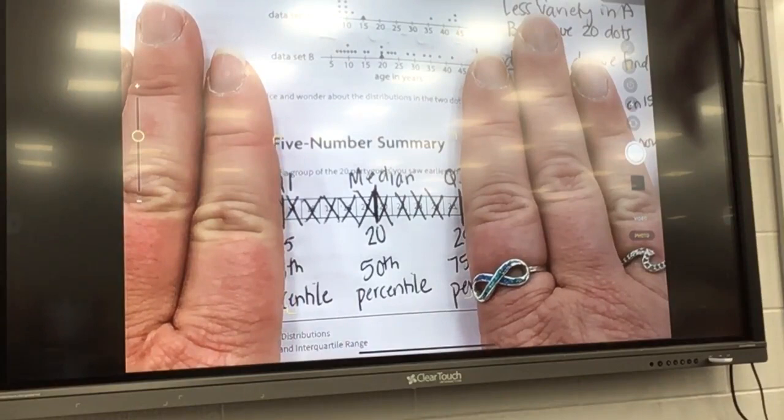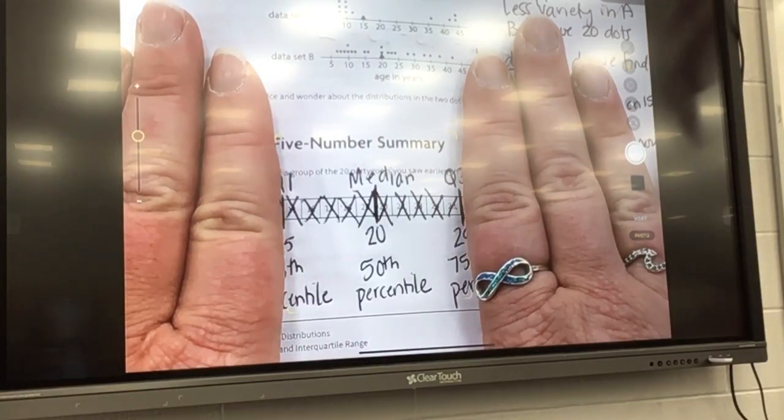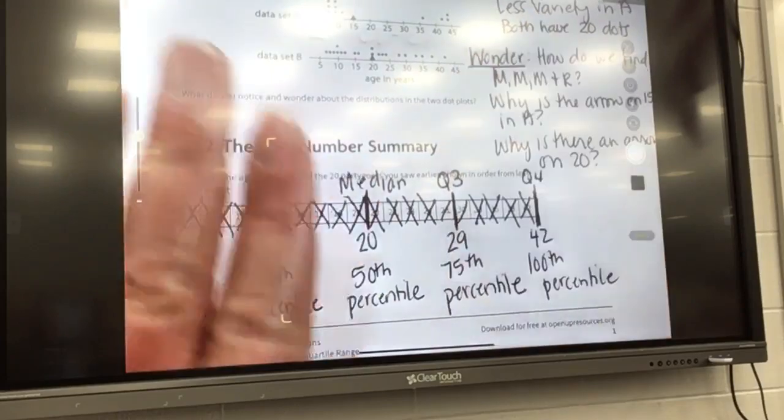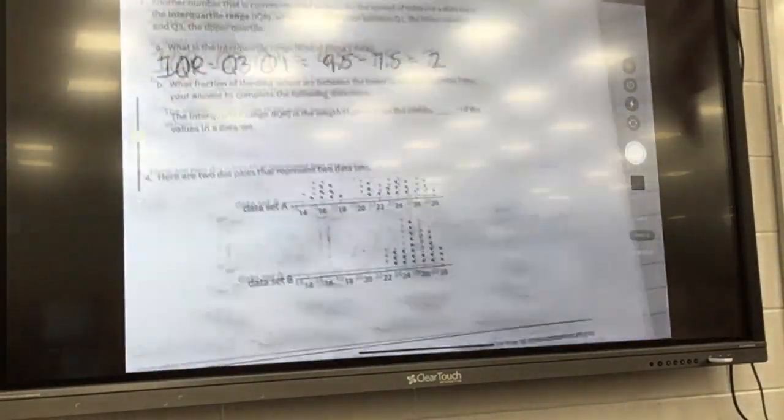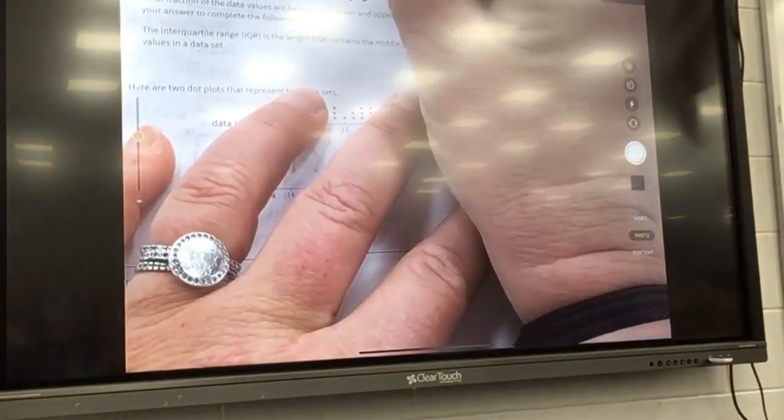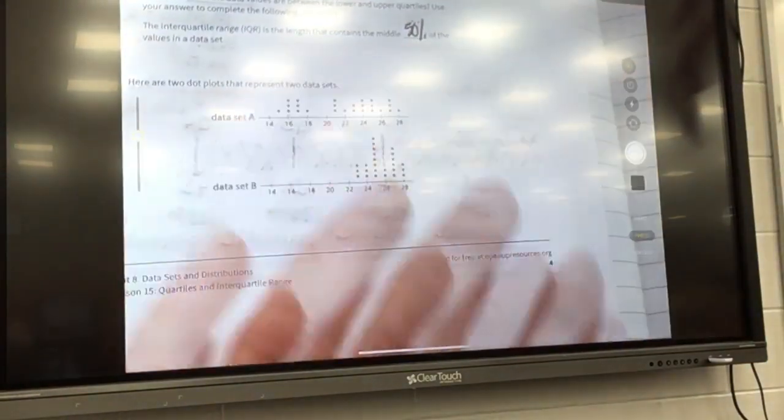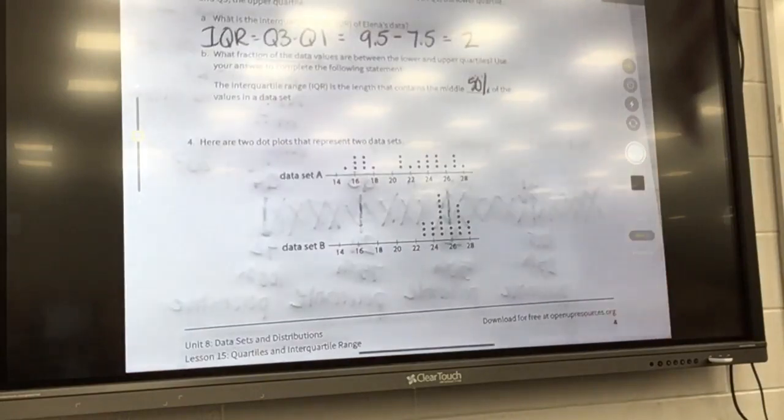Yes, sir. 50%. So my interquartile range represents what percentage of my data? 50%. Does that make sense? Yes, no? I hope so. All right. Go back to this question. And we're just going to write 50% of the values in the data set.